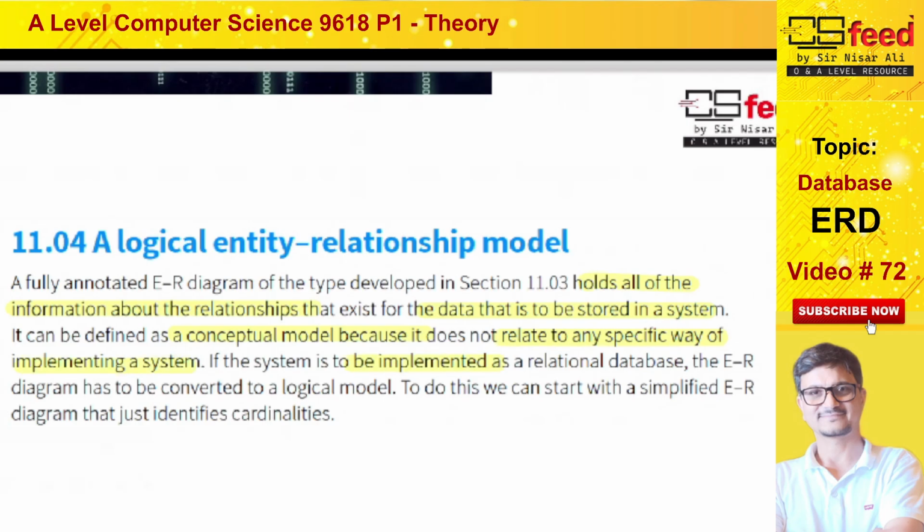If the system is to be implemented in a relational database, the ER diagram has to be converted to the logical model. To do this, we start with a simplified ER diagram that just identifies the cardinalities, how the entities are in connection with each other.